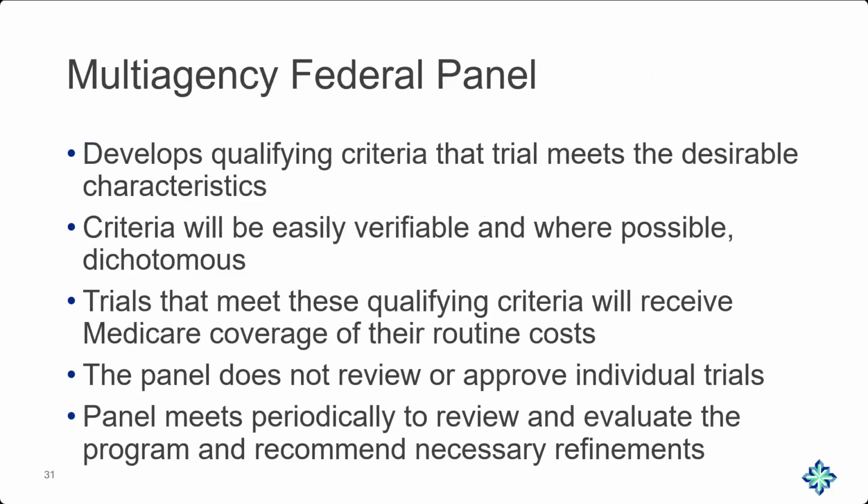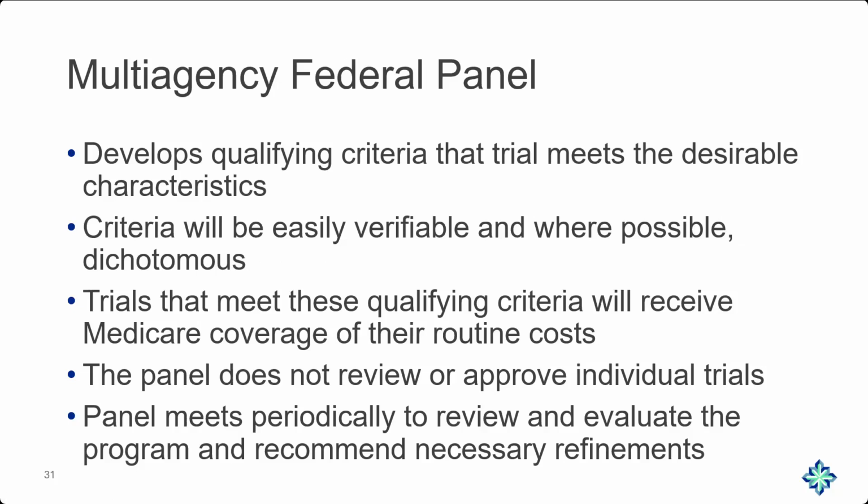Using the authority found in the Social Security Act, the Agency for Healthcare Research and Quality, or AHRQ, will convene a multi-agency federal panel, which they'll call the panel, composed of representatives of the Department of Health and Human Services research agencies.